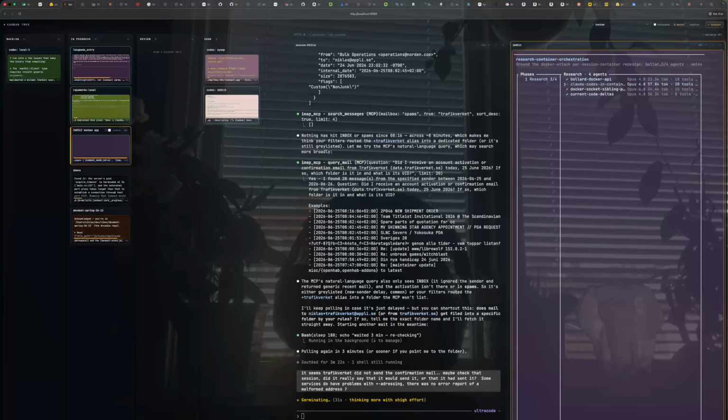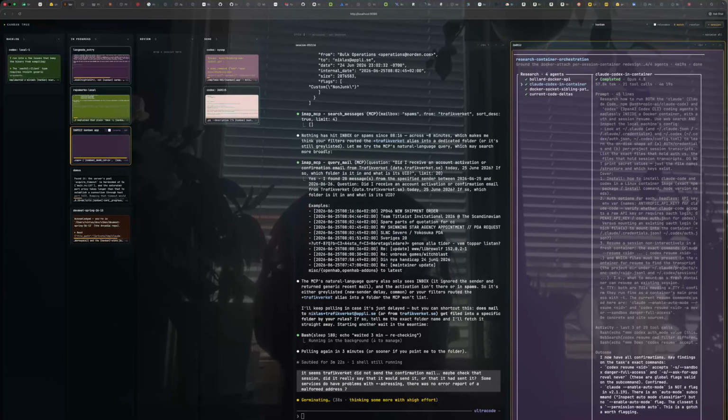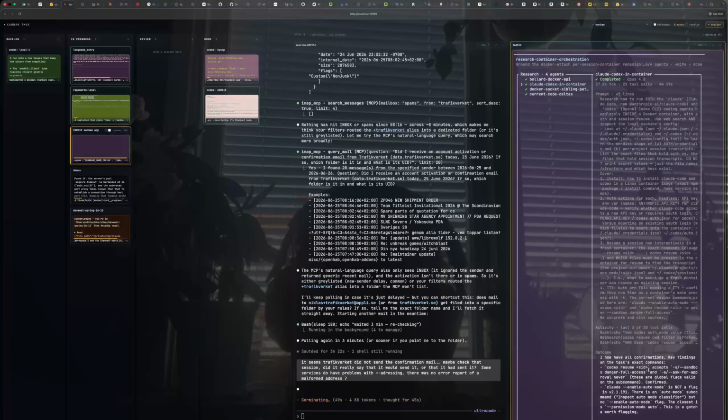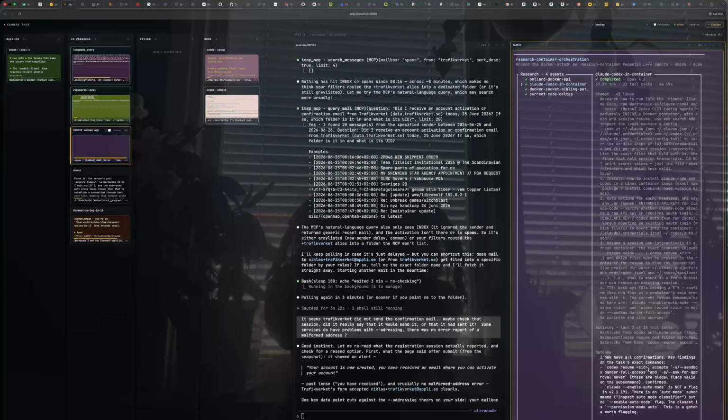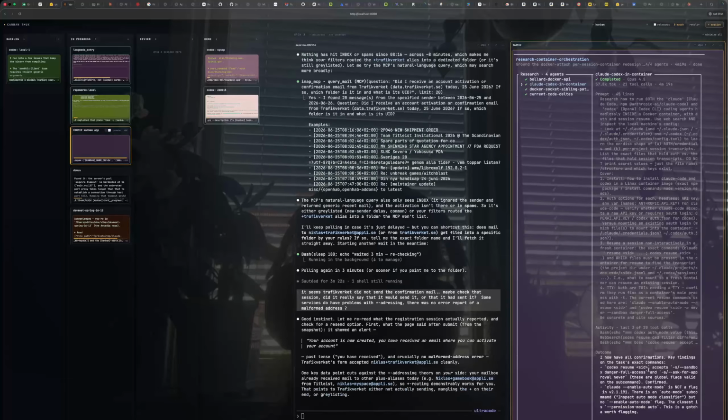The only thing that is left is running Claude and Codex in containers. It's researching how to run both, and it's actually almost done here. Well, actually, it is done.